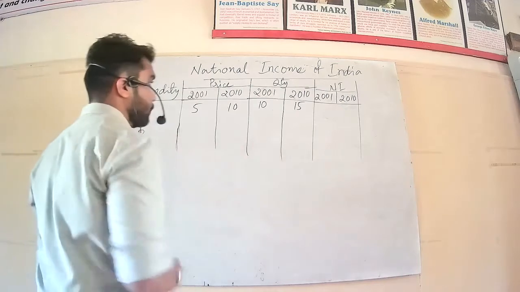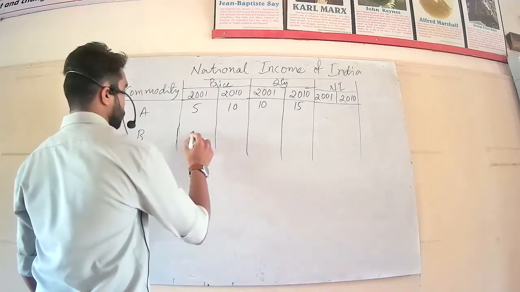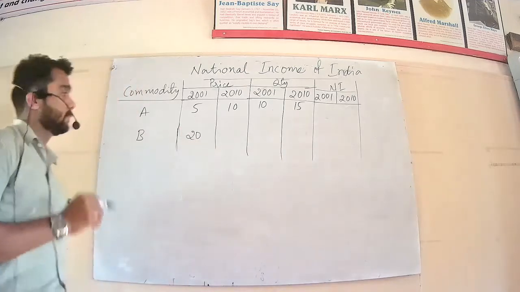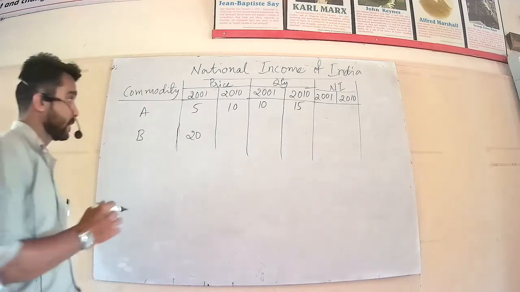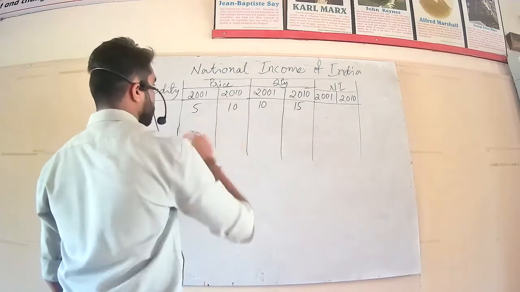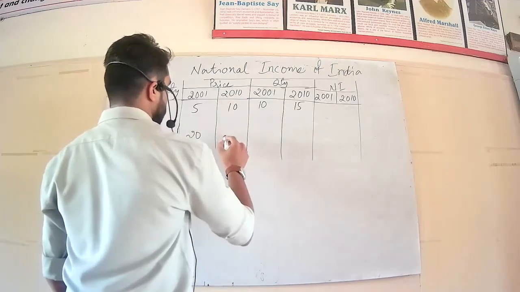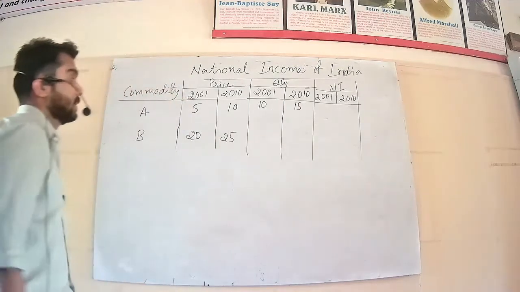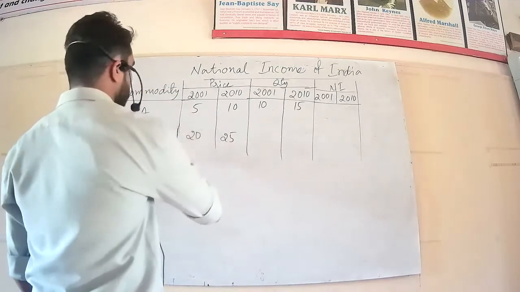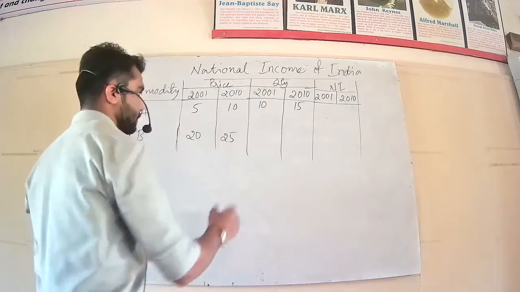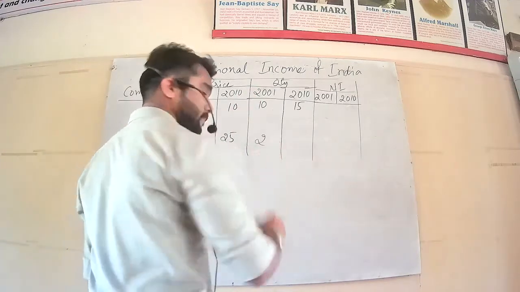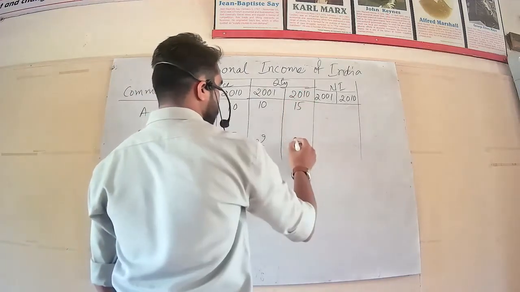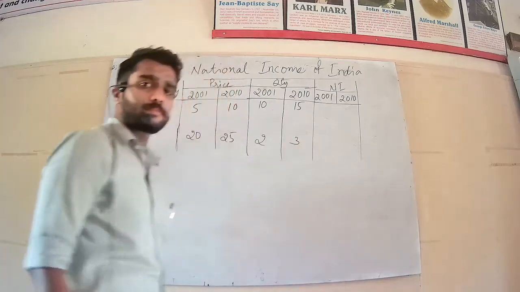Then coming to commodity B, the price was 20, and let's say the price increased to 25 rupees. The quantity of production of commodity B in 2001 was 2, and in 2010 it was 3 units.